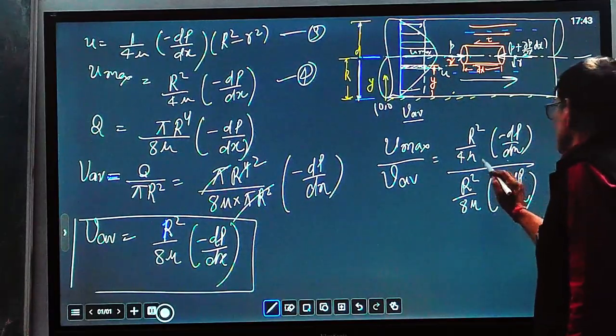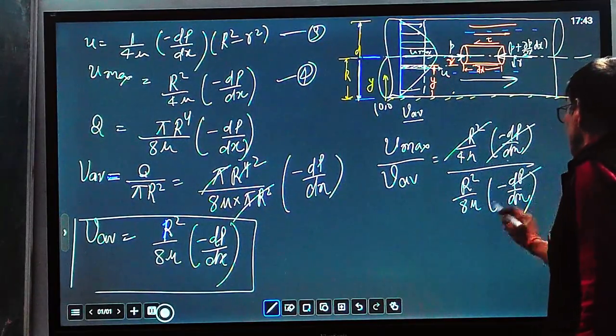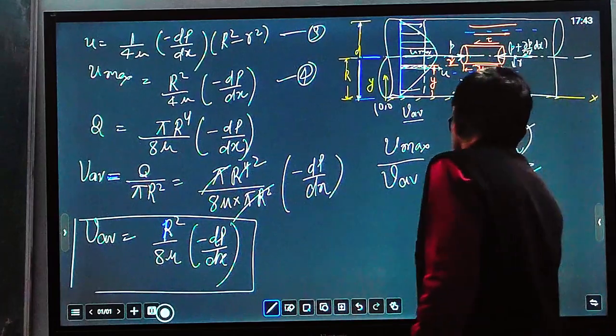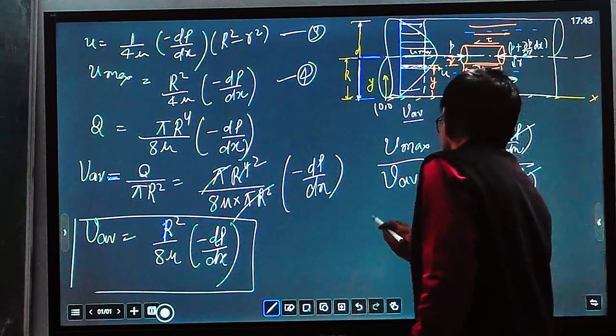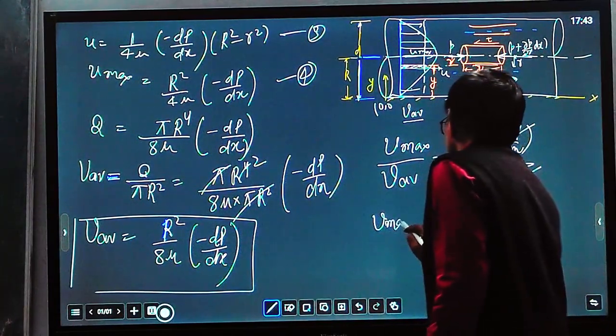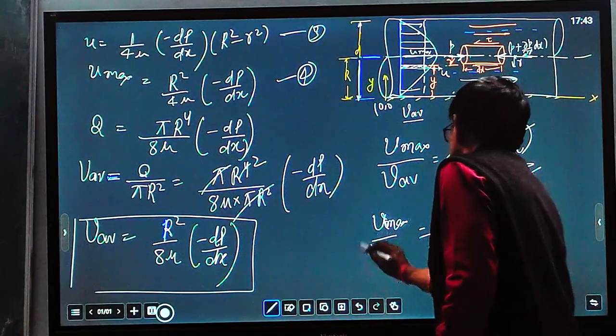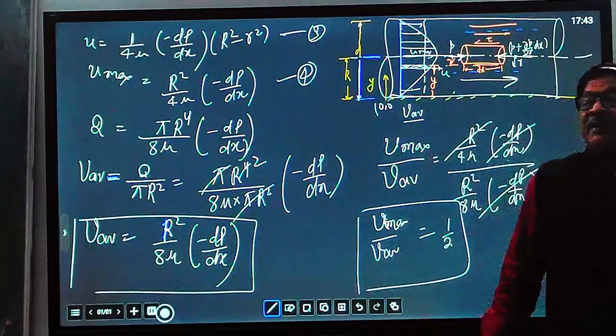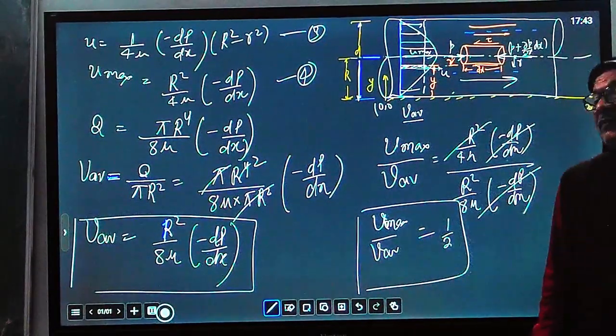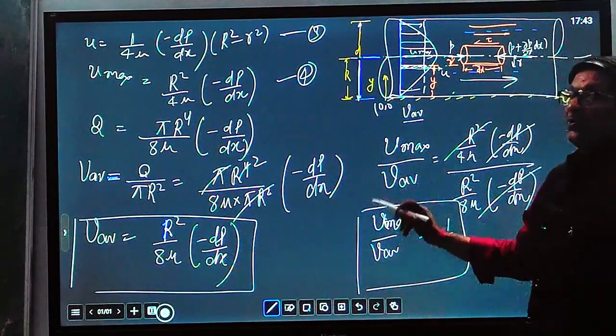So it will be eliminated. You get equal to 1 by 2. This is very important. From a competition point of view, objective type questions, you have to remember the ratio.